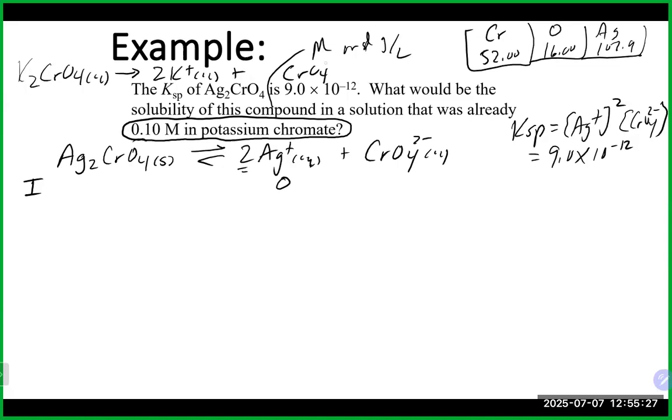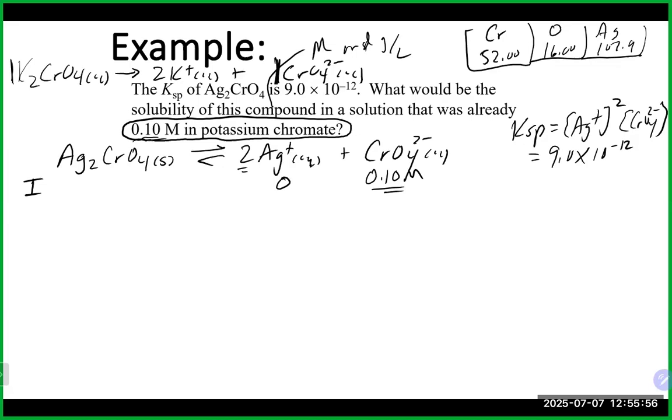It is a 1-to-1 relationship between the whole thing and chromate. That means the concentration of chromate in that solution would also be 0.1 molar from our potassium chromate, as it does break apart into a 1-to-1 relationship. Any questions on that? Again, if you zero it out here, you're doing basically this guy in water, right?